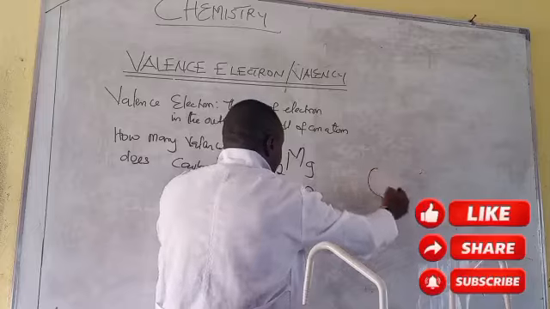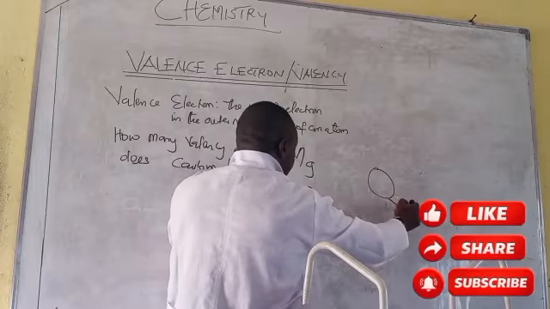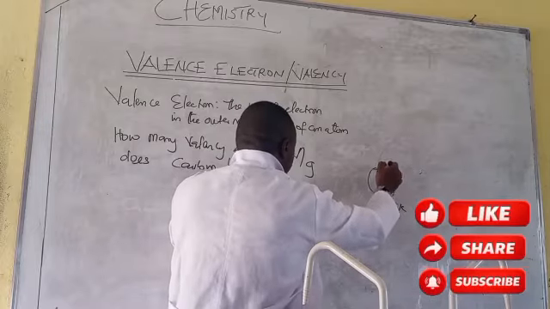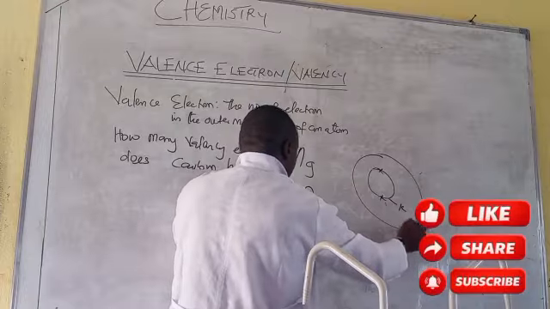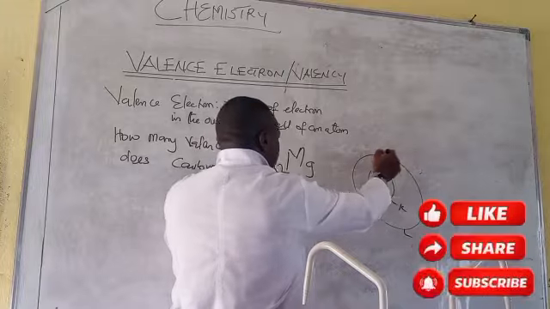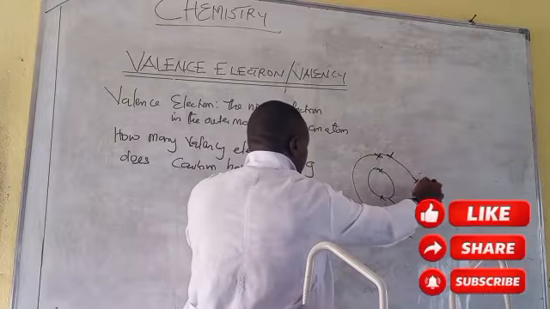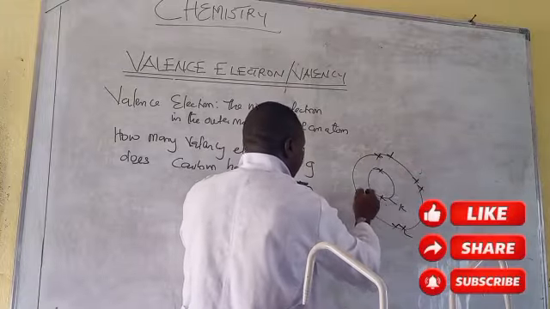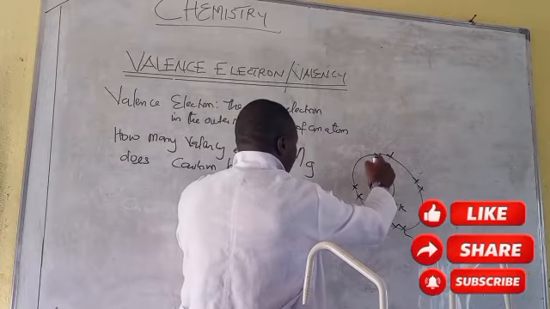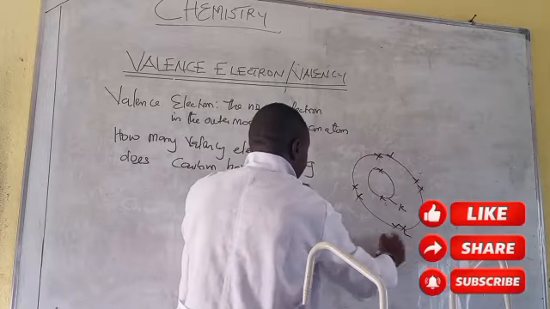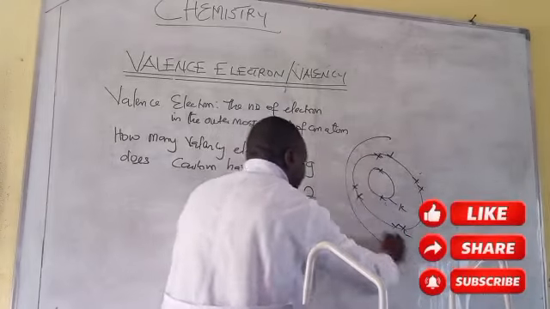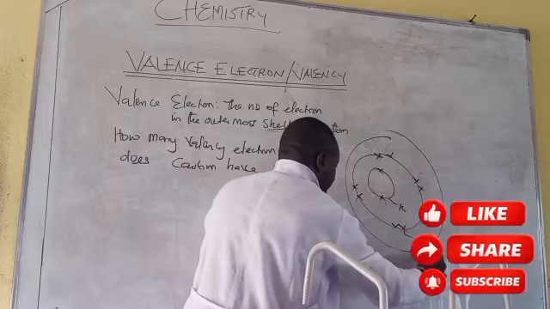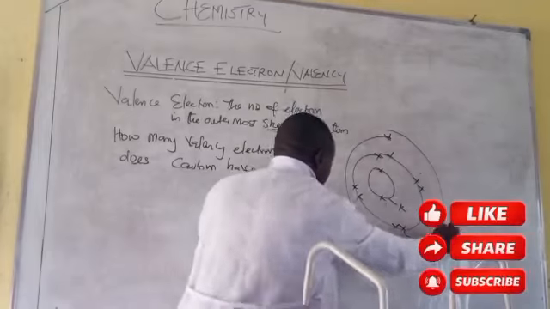We have the first shell, your K shell, with 2 electrons. Then the L shell, with 8 electrons: 1, 2, 3, 4, 5, 6, 7, 8. This is your L shell. Now, the last shell, your M shell, has 2 electrons.